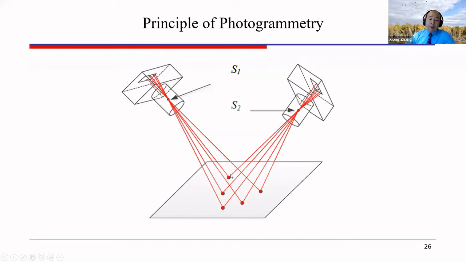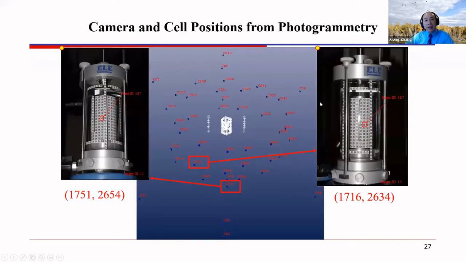And we also need a scale. If we can specify the distance between any 2 points, then we can reduce the requirement to 5 points. So with 5 points, you can back calculate the camera position, and then you can reconstruct the 3D model for the whole system, right?